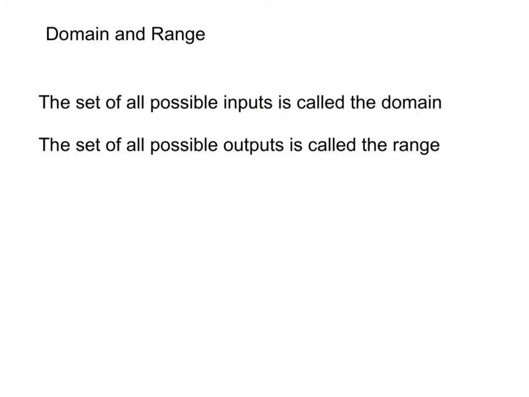The set of all possible outputs is called the range. Domain is the list of all the possible things that you could input into the function machine. Range is the list of all the possible things that could be the output of the function.